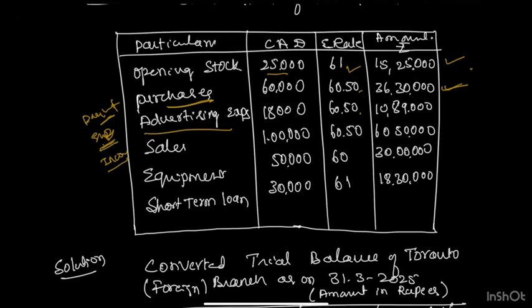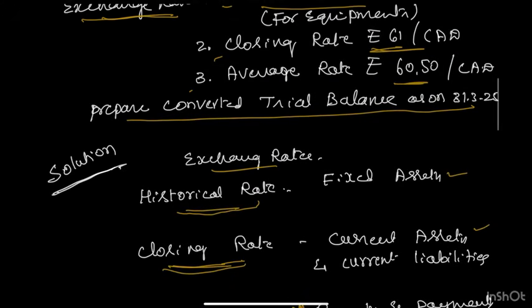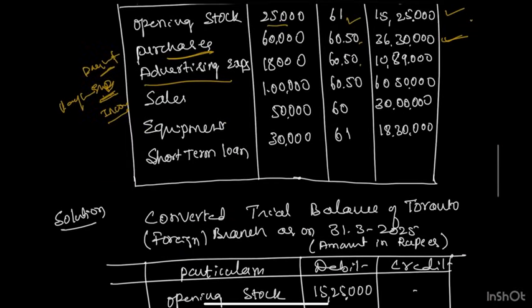The next one is advertisement expenses. Again, it's an expenditure and it's also a payment. So the payment means, again, we have to consider average rate. So average rate is 60.50. 60.50 multiplied with the 18,000 Canadian dollar, that will be converted into Indian rupee of 10 lakhs 89,000.